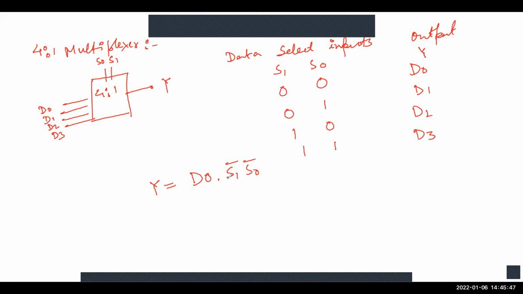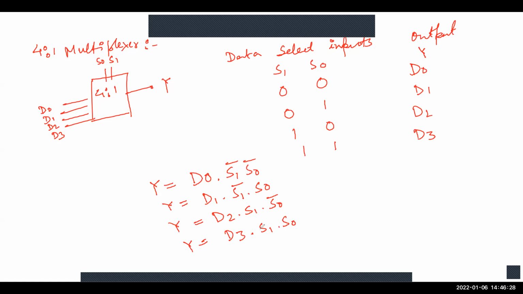Next is D1 into S1 bar into S0. Next is D2 into S1 into S0 bar, and the last one is D3 into S1 into S0.